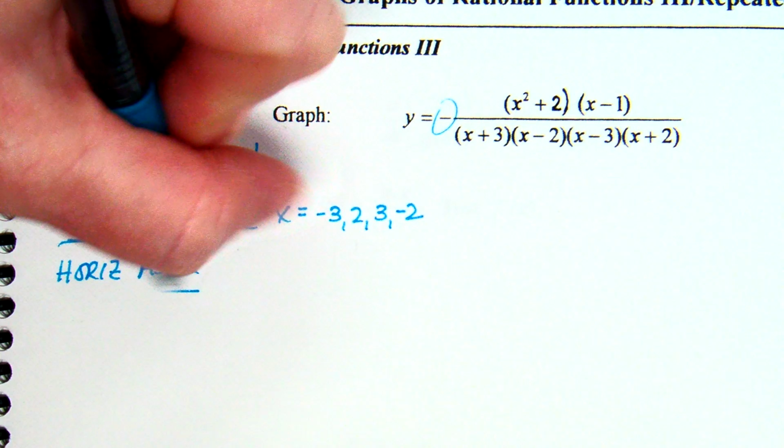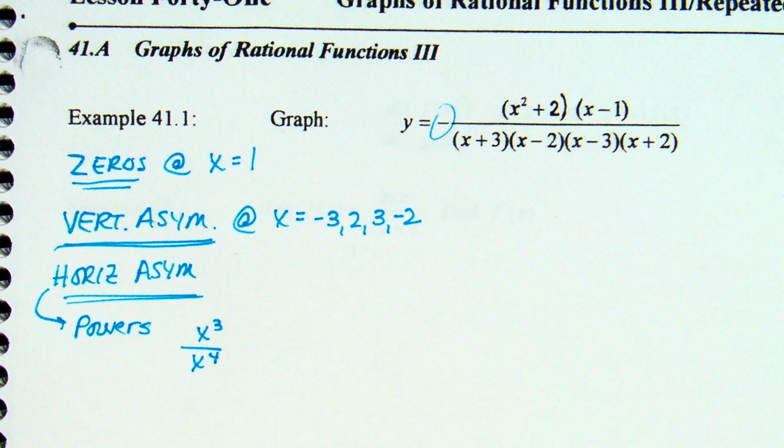In the denominator, 1, 2, 3, 4. So x to the 4th. There's a horizontal asymptote at y equals 0 because the larger power is in the denominator. This is all review, right? I'm just trying to jog memories and put it all together.